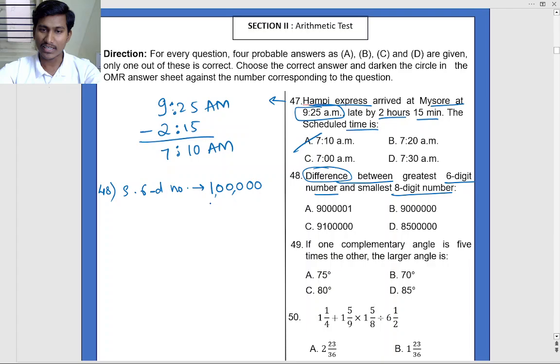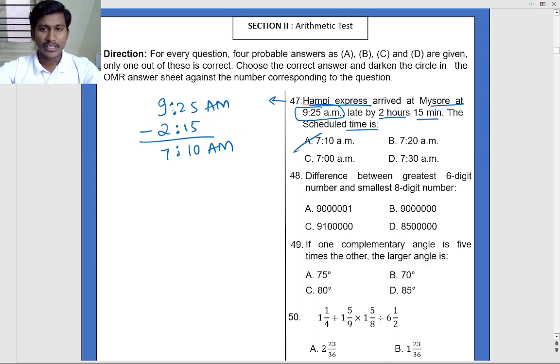So here it is 1 lakh. Now greatest 8-digit number is what? Let me delete that part.